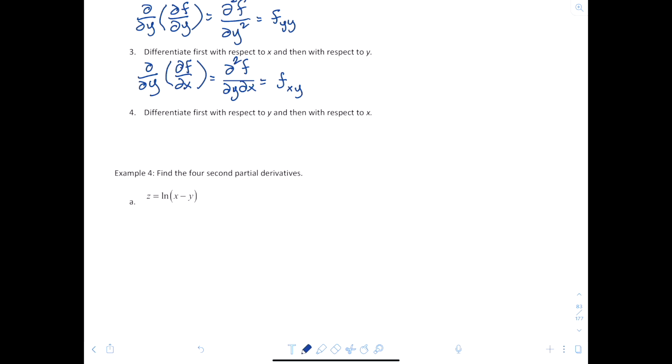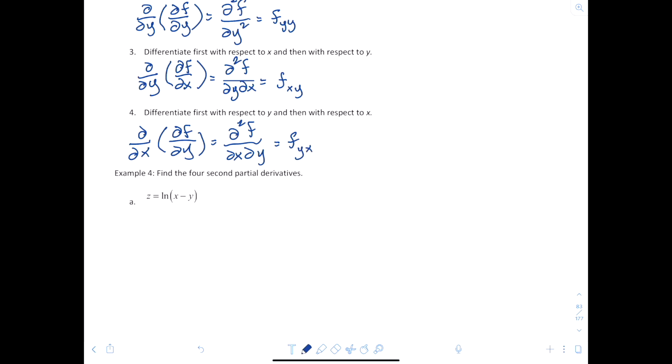Then if you differentiate first with respect to y and then with respect to x, you'll have f_yx.